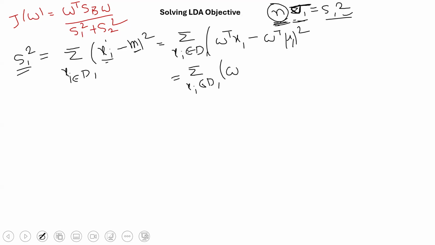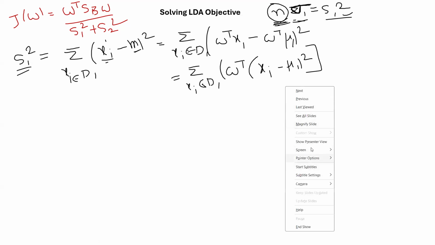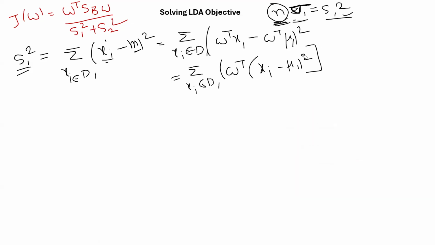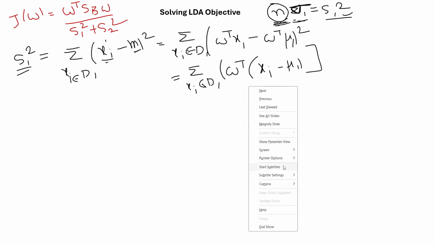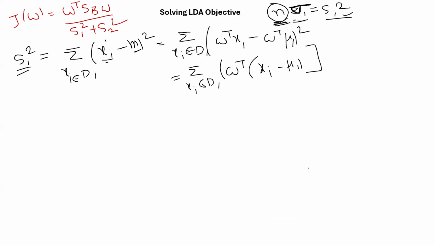I'm again taking W transpose out and I'm making this as xi minus mu1 whole square. Okay. Again, this becomes the square for the whole equation, not just the square for xi minus mu. Let me just correct that.